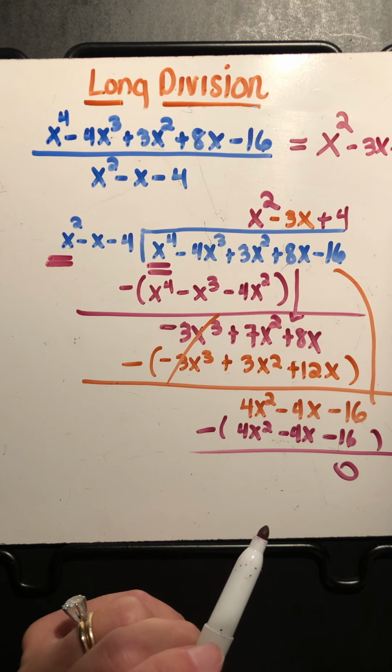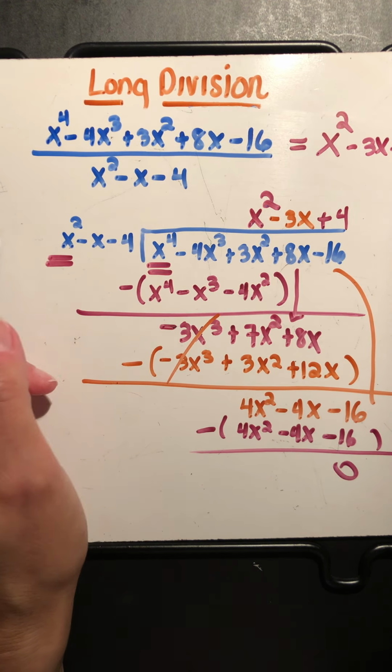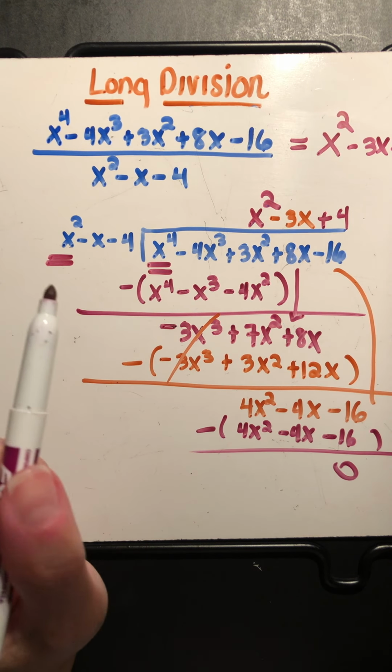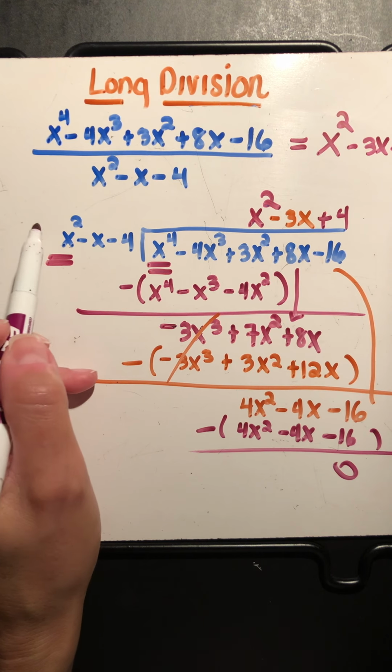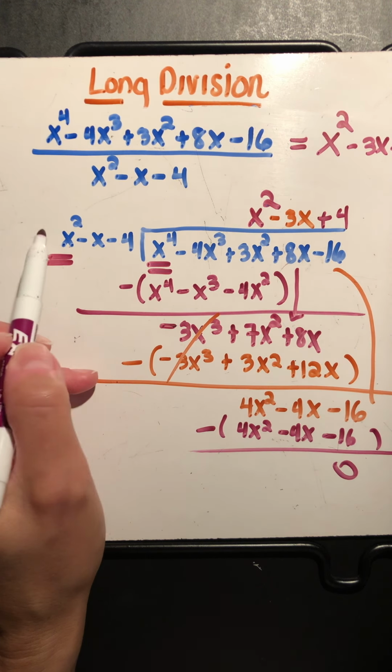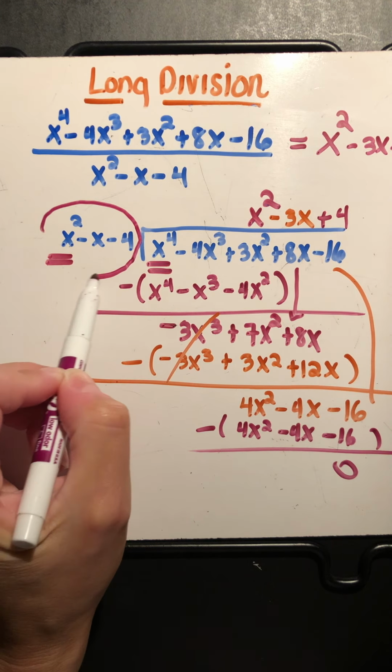Now, just a quick note, I don't know if I mentioned this in my last video, but most people really don't like long division and they avoid it at all costs, which I get, it's understandable. But you need long division if your divisor is a quadratic or higher.